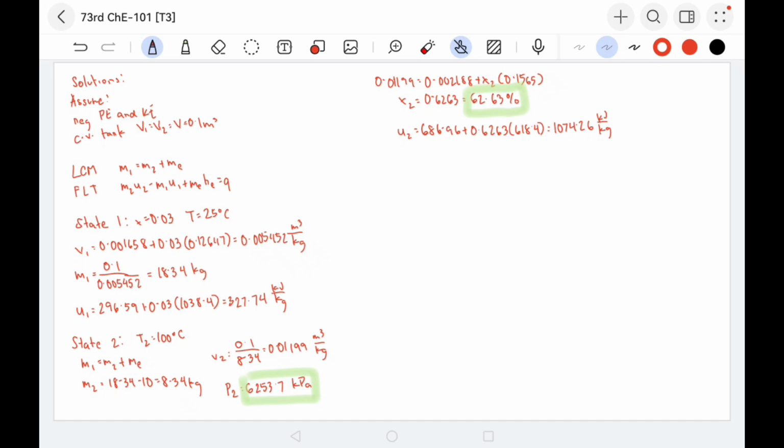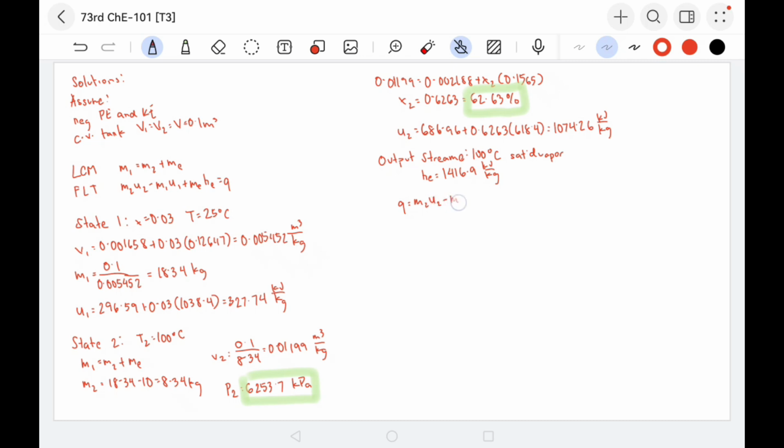And for our last state, which is our output stream E, we know it is at 100 degrees Celsius and it is a saturated vapor. So what we need is the enthalpy. Looking at the Sontag tables, we will get a value for enthalpy at 1416.9 kilojoule per kilogram.